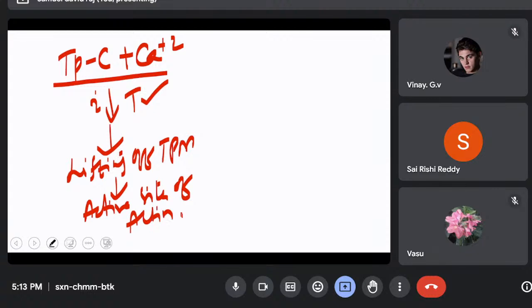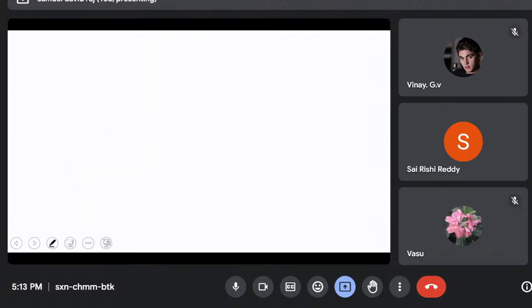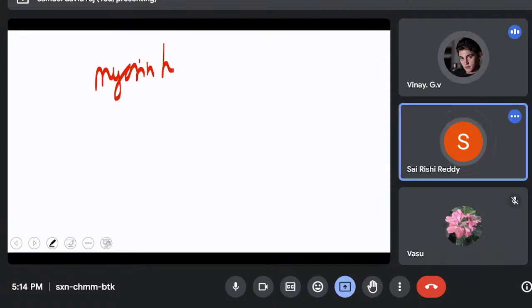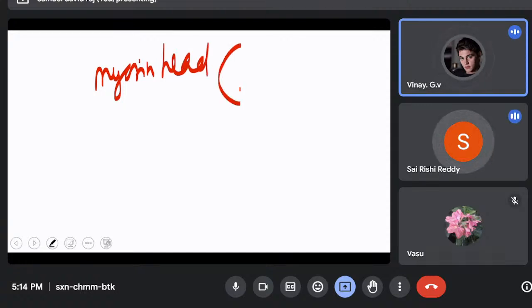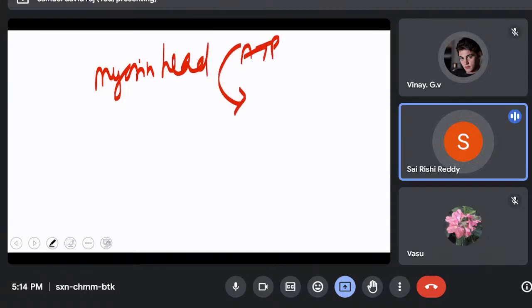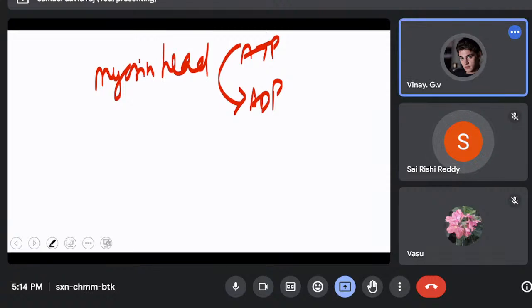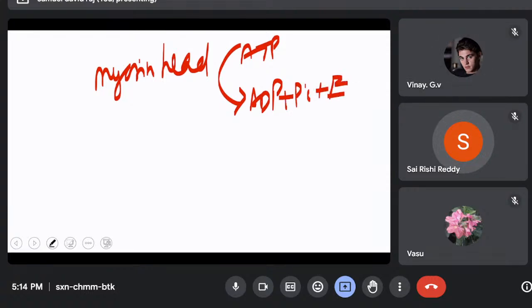So this is the second event: release of calcium ions followed by exposure of active sites of actin. Then what happens? The myosin head breaks down ATP to release energy, and in turn the ADP is bound to the myosin head.